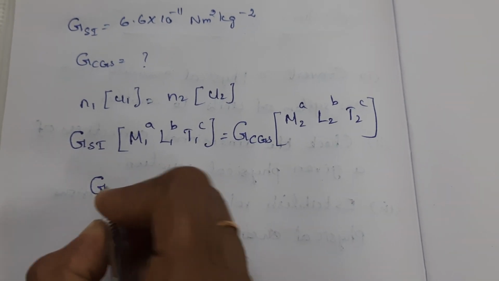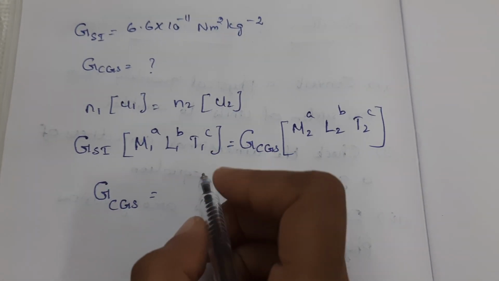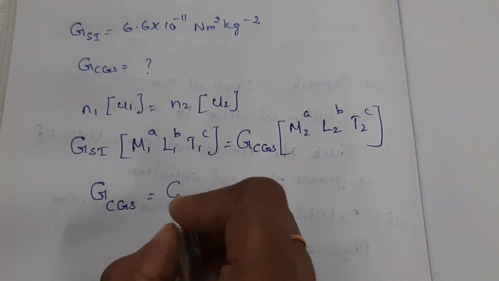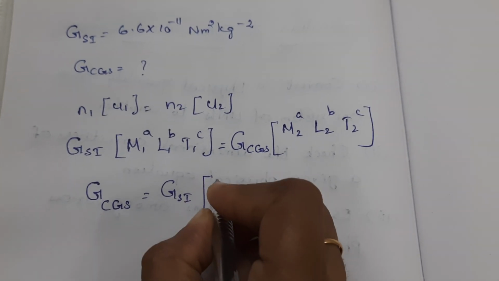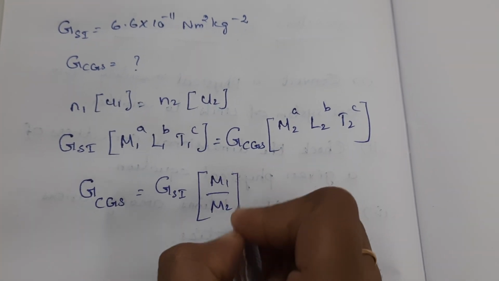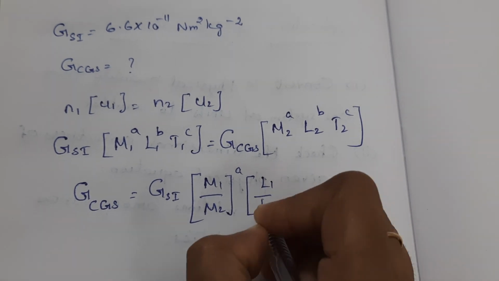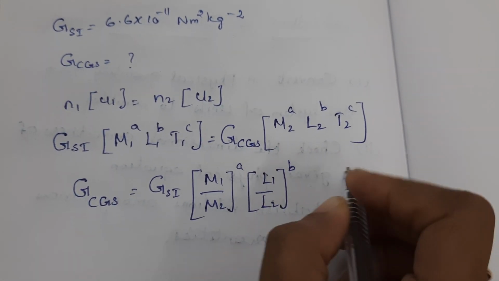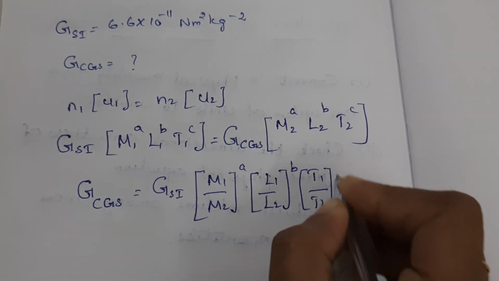We have to find out the value of G_CGS. So we can write G_CGS is equal to G_SI into M1 by M2 the whole power a, L1 by L2 the whole power b, T1 by T2 the whole power c.